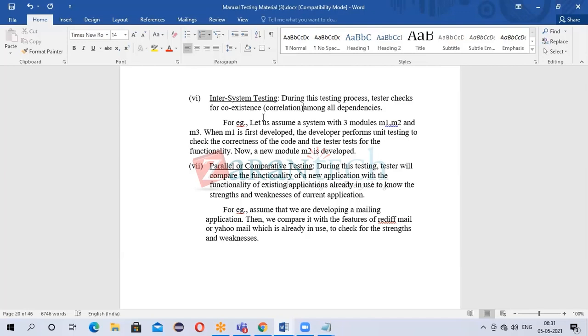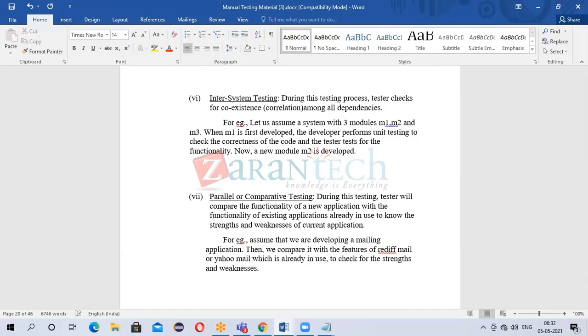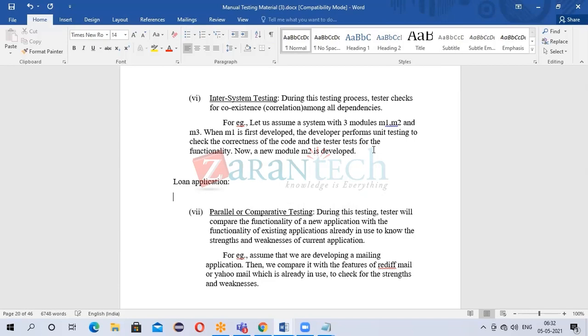M1 is one module, M2 is one module, M3 is one module. What are the dependencies between them? I'll give you one general example. Take any loan application. First you need to fill the contact form.